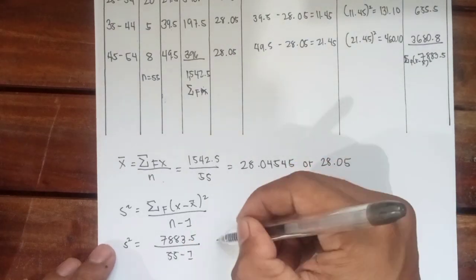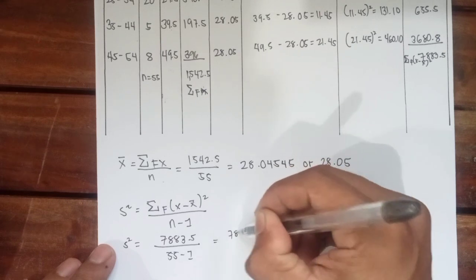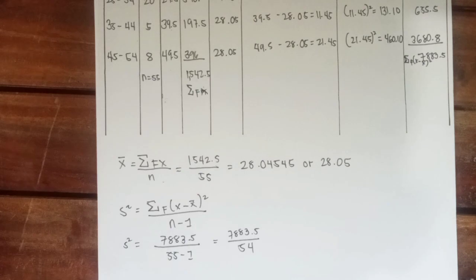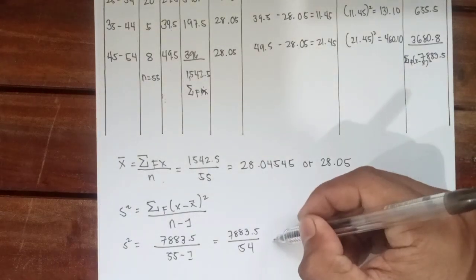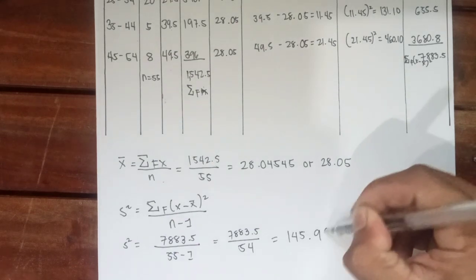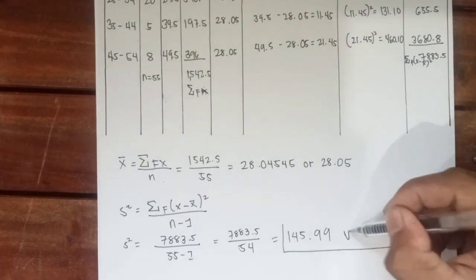So, 7,883.5 over 54. Lagay natin sa calculator. And the answer is 145.99. So, ayan po ang ating variance.